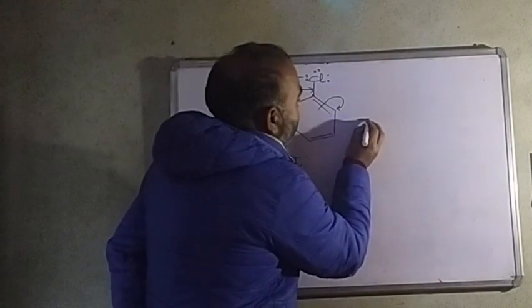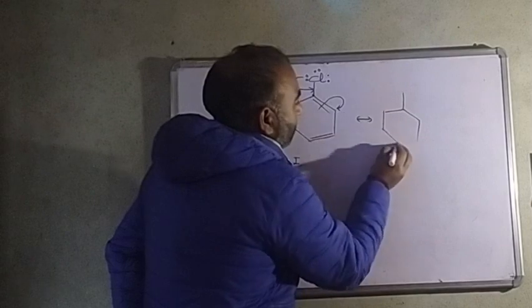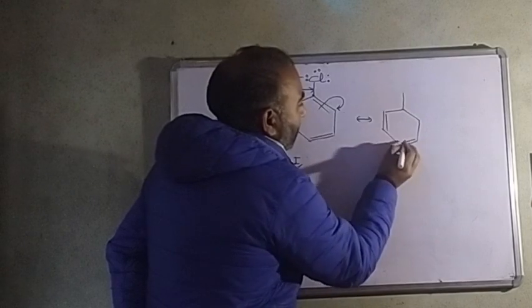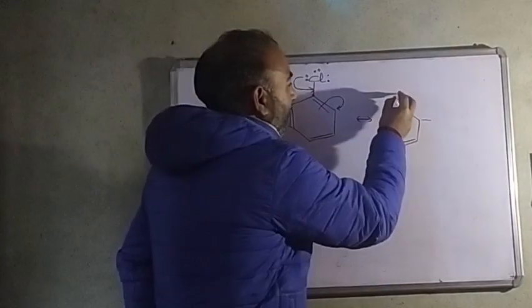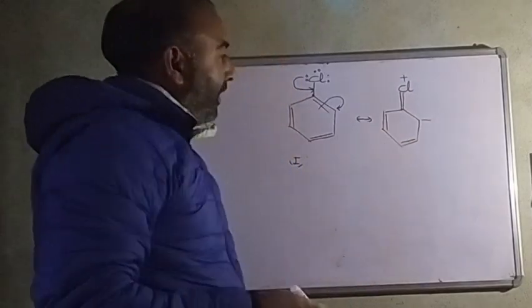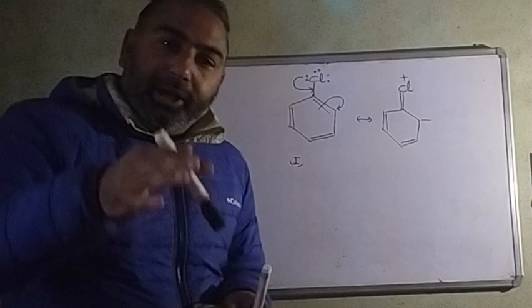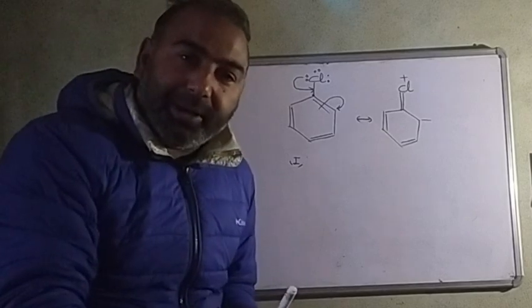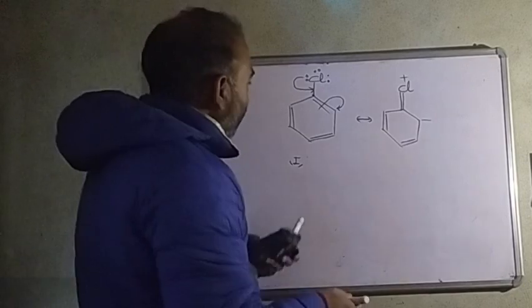What is the second structure we get? This one. Ortho carbon will attain negative charge and this chlorine will attain positive charge. See, the molecule becomes polar. Chlorine donates lone pair towards the carbon, towards the conjugated system. It's called plus M effect.